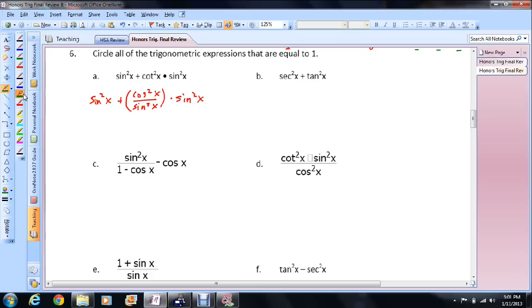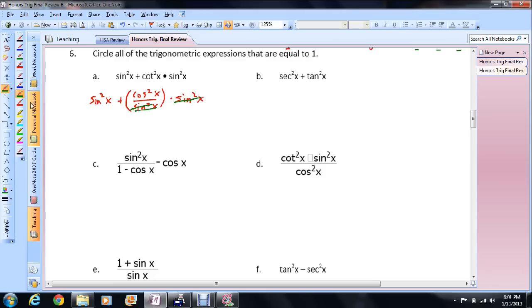And you'll notice that this fraction here is going to cancel out with this here. So the sine in the denominator here is going to cancel out or divide out with the sine on the outside here.